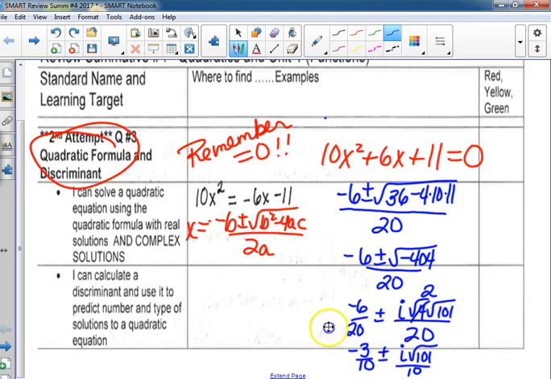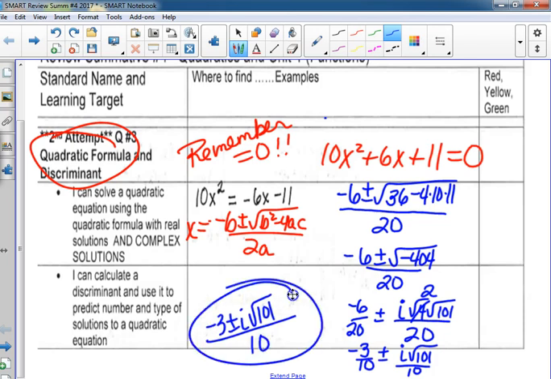Or you could write it negative 3 plus or minus i square root of 101 all over 10. But this separated is fine too. Everybody all right? The i isn't going to mess you up too much. I think you'll be fine.